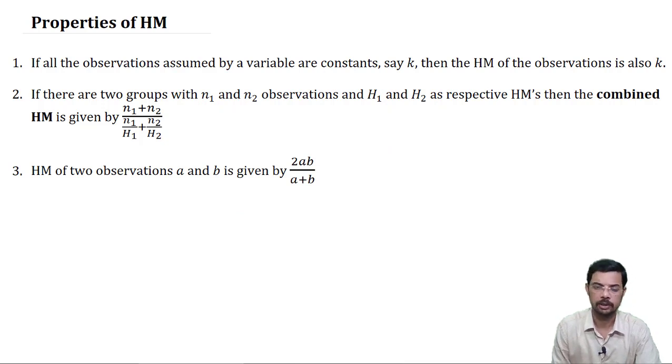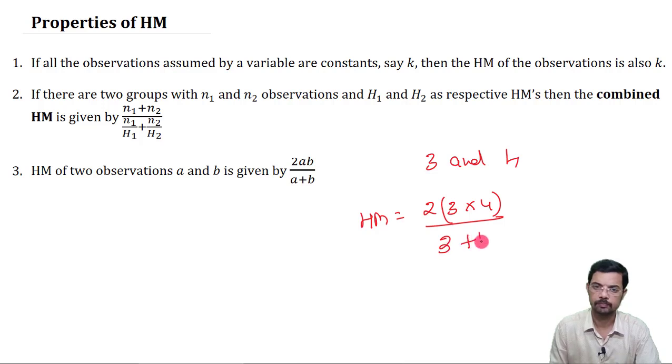What is the third property? The third property says that if you have two observations A and B, then the harmonic mean of A and B is given by 2AB by A plus B. Suppose we are asked to find the HM of 3 and 4. Then HM will be equal to 2 times 3 into 4 divided by 3 plus 4.